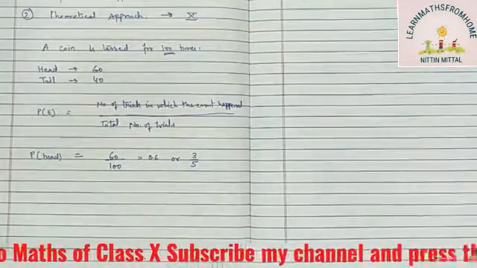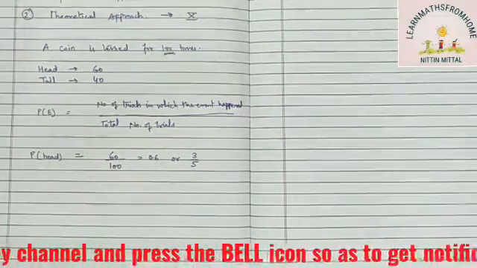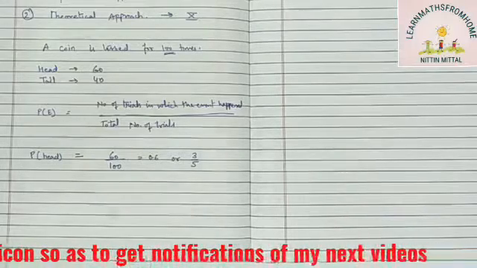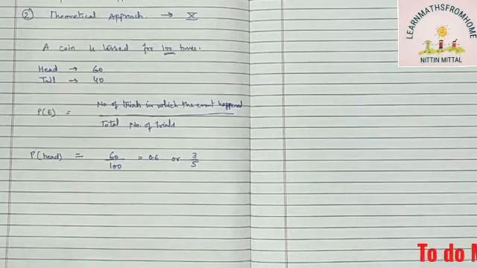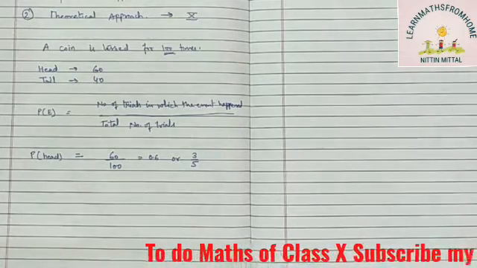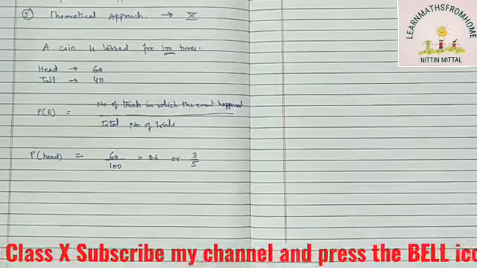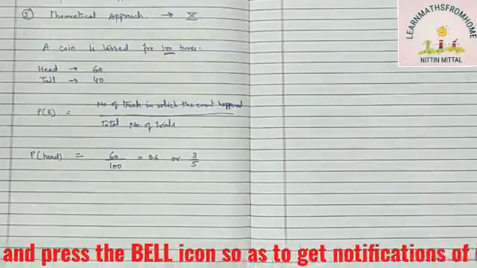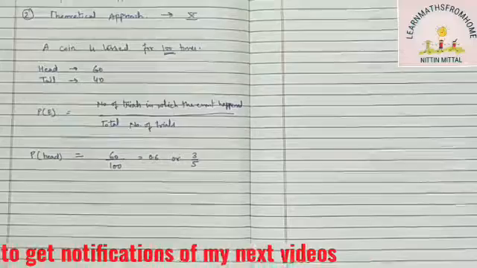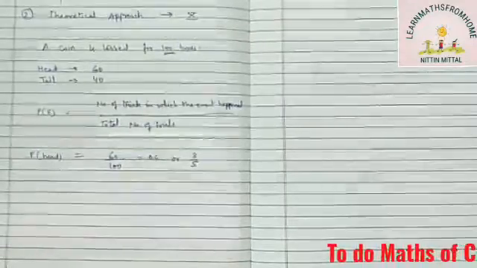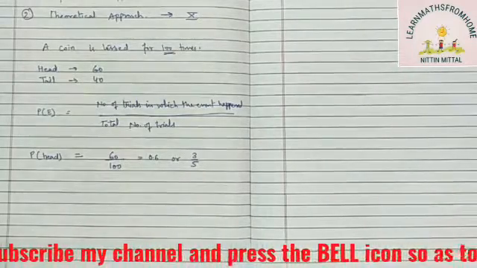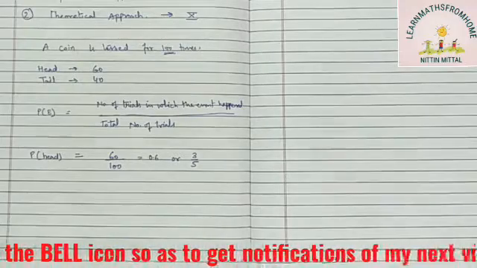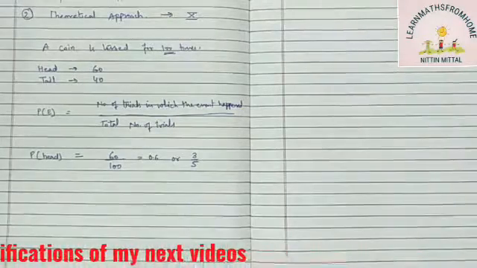Now theoretical approach. It has been observed that the experimental probability of an event approaches its theoretical probability if the number of trials of experiments is very large. For example, here we have tossed the coin for 100 times, right? If we toss the coin for 1000 times or more than that, you know what will happen?